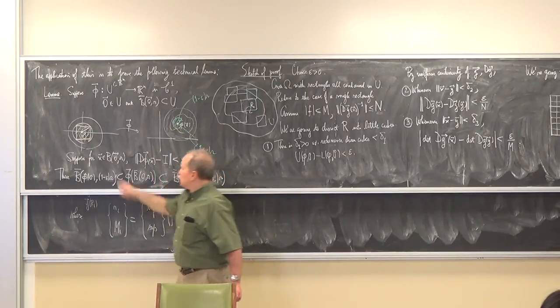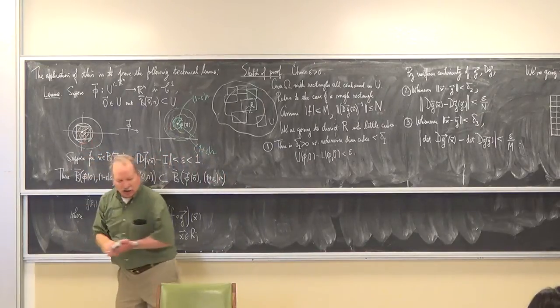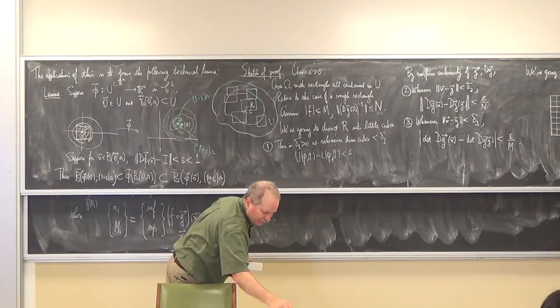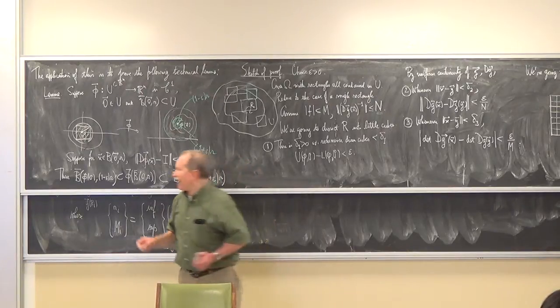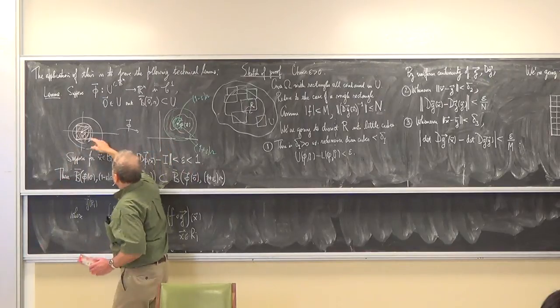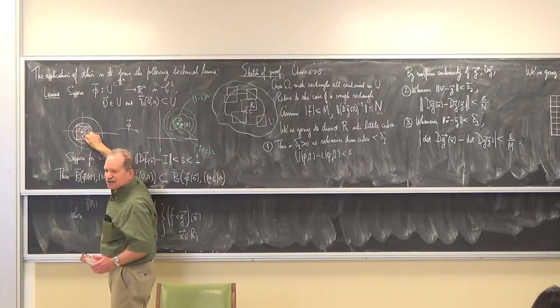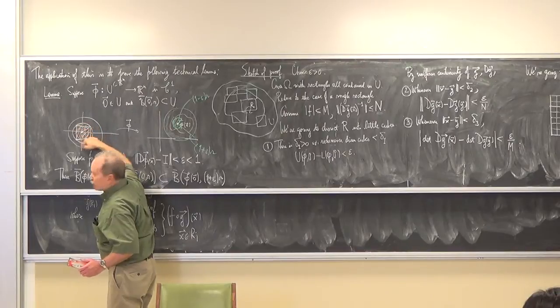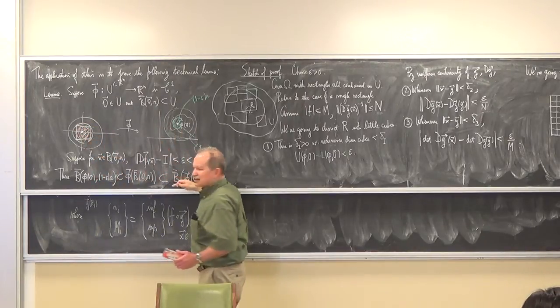And then what happens to the cube, and I can put a ball inside it that's a little smaller if I have to. And I can sandwich where the cube goes by saying that it contains wherever that ball maps and is contained in wherever the big ball maps. So I can reduce everything to this thing here.